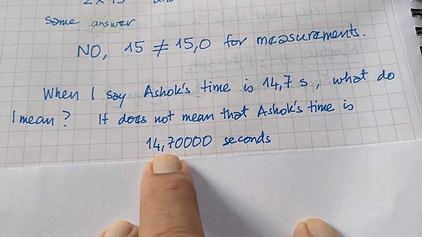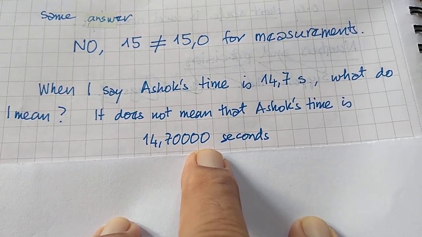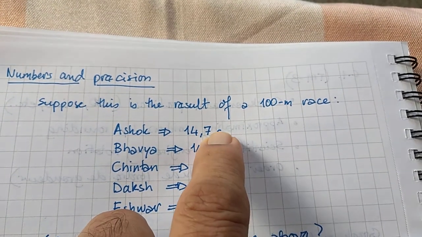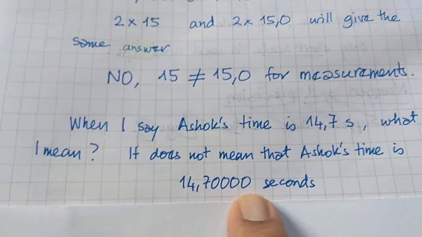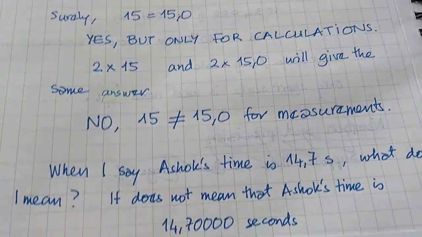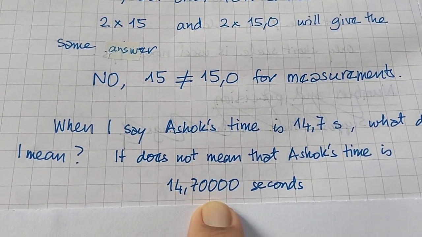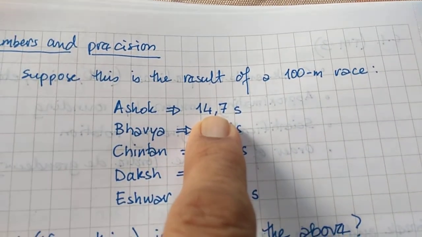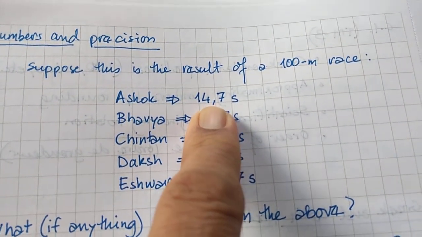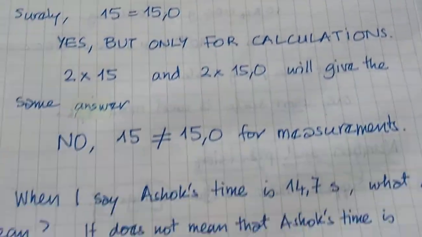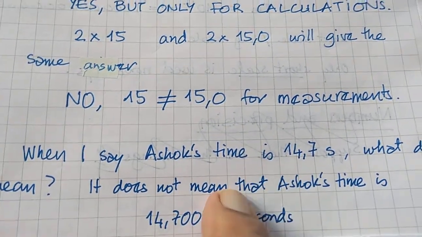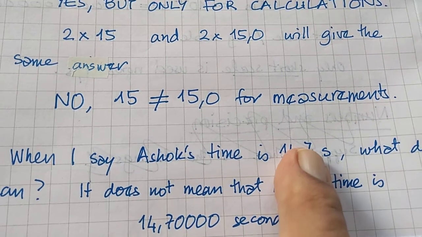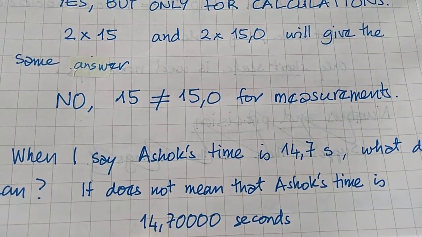So, what is the difference between 14.7000 seconds and 14.7 seconds? Here also I've added extra zeros after the decimal. If I do calculations with 14.70000 and I do the same calculation with 14.7, I will get the same answer. But still, I'm saying it does not mean that Ashok's time is 14.70000 seconds. There is a difference between this 14.7 and this number.